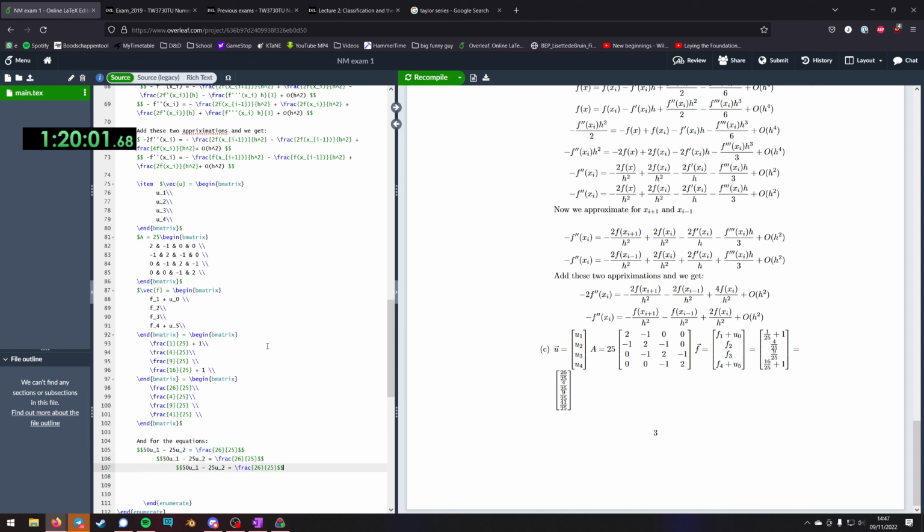This isn't actually that bad. Is my LaTeX working properly? Okay, so it is minus 25 u1 plus 50 u2 minus 25 u3 equals, and this will become 4, this will be 9, and this will be 41.